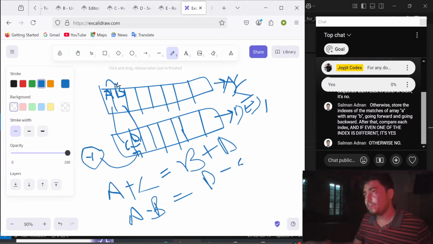So for the first condition, let's say A minus B and D minus C are equal, which means we are okay with this position.